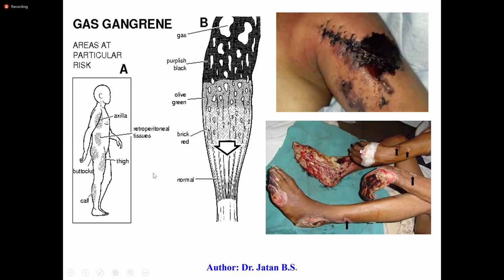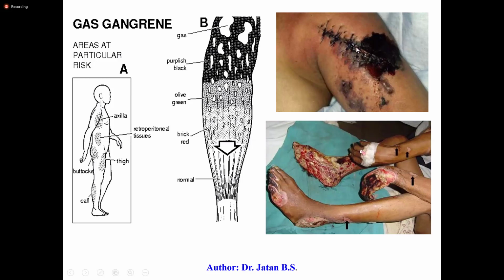Okay, so the areas in our body which are very prone to gas gangrene are commonly the axilla, thigh, buttock, and calf. These are the areas which commonly suffer from gas gangrene. If you closely look at the lesion of a patient with gas gangrene, you'll find plenty of empty space, a gas pocket, and that gas pocket area is surrounded by purplish black.